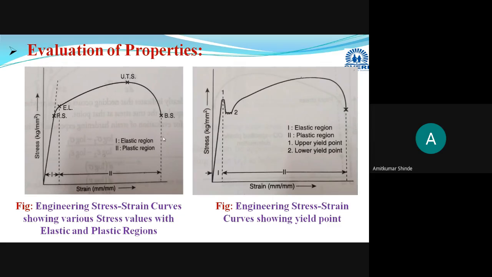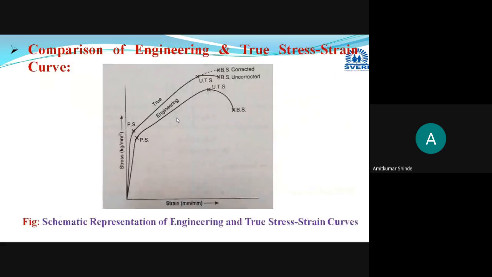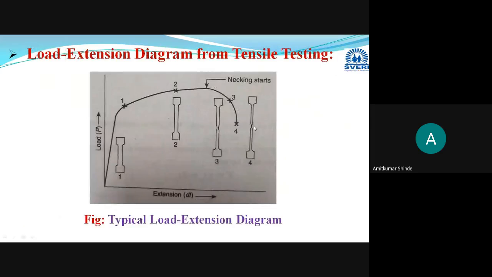Means the maximum amount of stress that material can carry. Then the last one here is BS, the breaking stress or fracture stress, you can say. At that particular stress the material gets broken, or it will get separated into two parts. As we have seen in the load extension diagram, at this point it will get broken into two components.